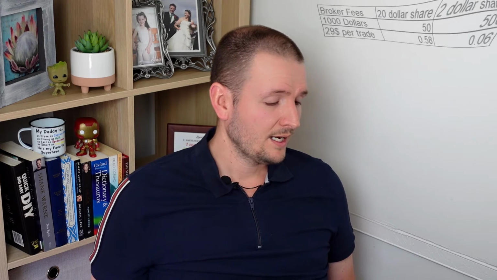I'll also mention that you need to be careful of broker fees. If you're using an app, for example, like ComSec, you pay $29 per trade, depending on which app you use. For the full version app, you're going to pay $29 per purchase. I'll use an analogy here just to illustrate the point.